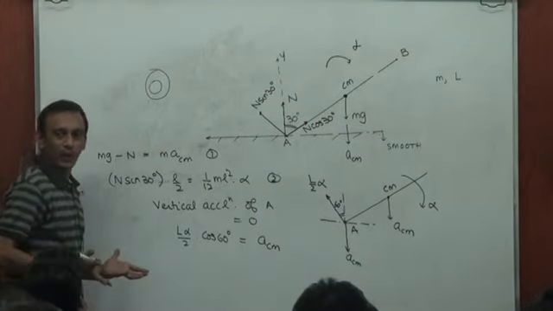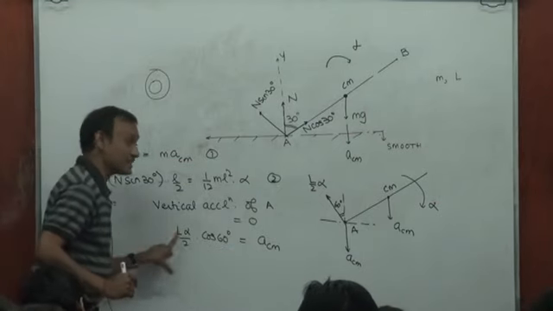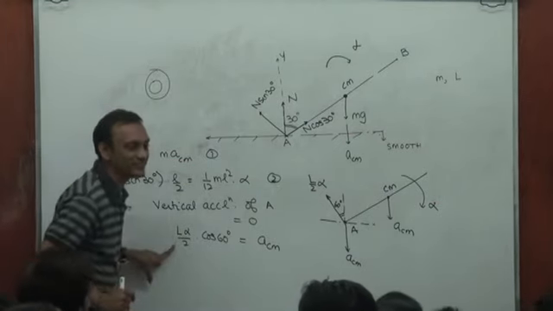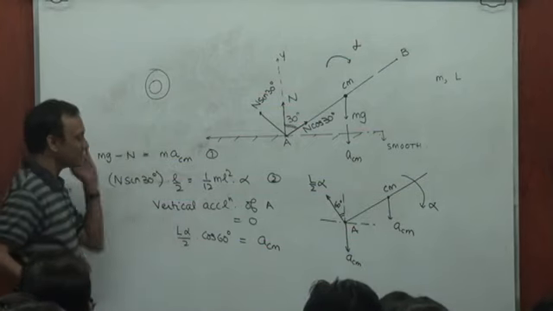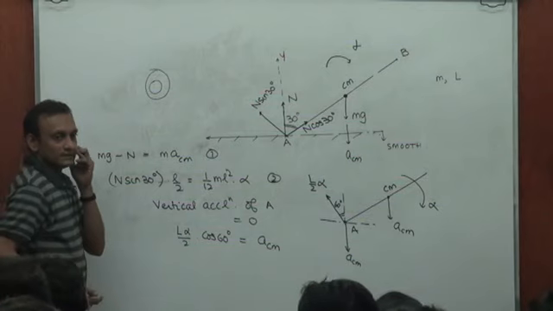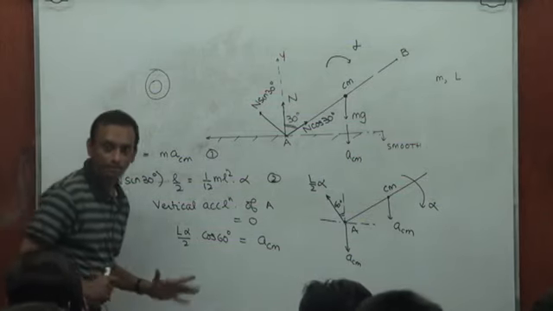And now we have the required number of equations to deal with. In this case, realize A_CM is not L by 2 alpha, as some of you initially thought. So, we're done with this, right?